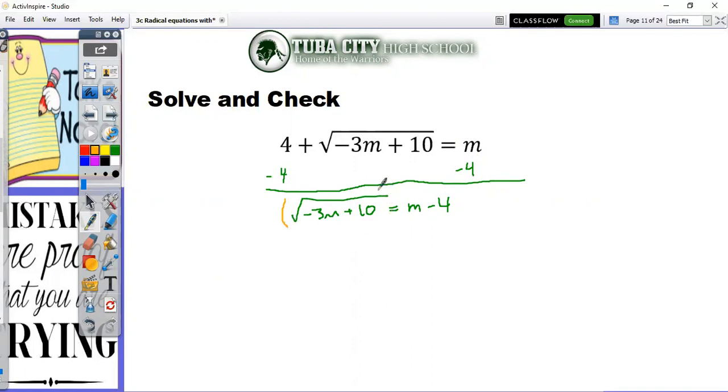Now I have to get rid of this radical by squaring both sides. There's going to be a lot of these where you will have to square both sides.